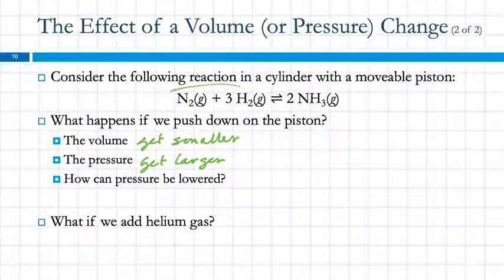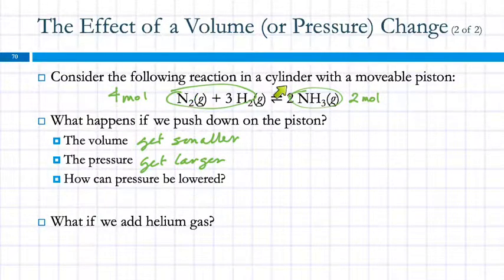How many moles of gas are on this side? And how many on this side? So if the equilibrium shifts to the right, we're going to combine some of these so that we only have 2 moles of particles instead of 4, and that's going to cause the pressure to decrease.